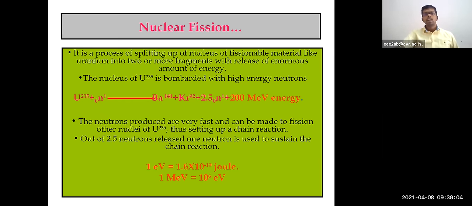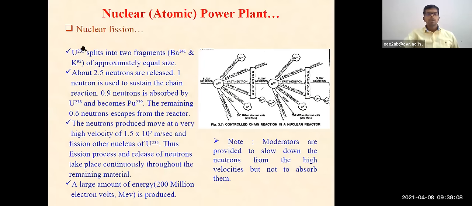Here, if you see, uranium-235 is split into two fragments, that is barium-141 and krypton-92, of approximately equal size. You have seen in that picture also, both are of equal size.